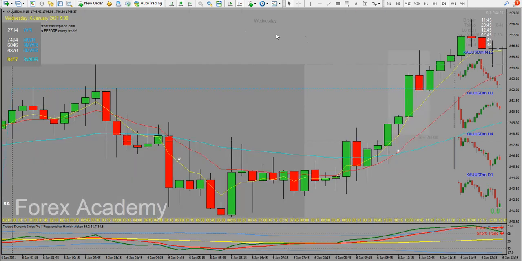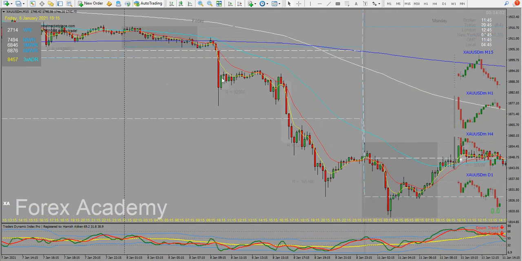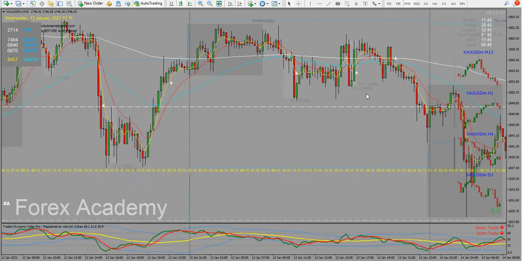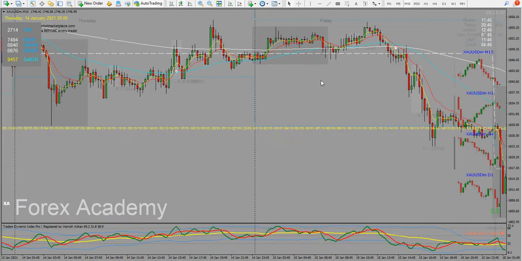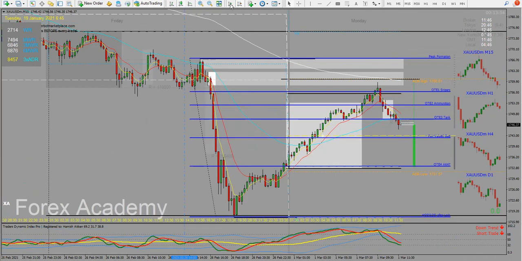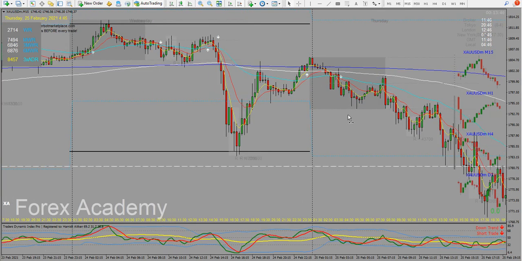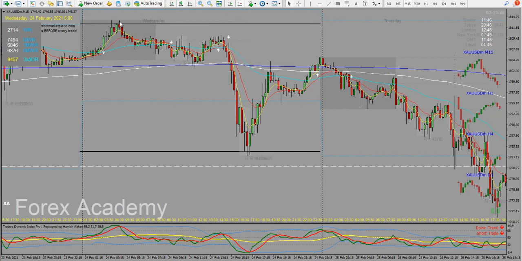Let me switch to M15 so that we could have a clear picture on Wednesday's candle. Here we are. Then you can see we had those 2 pins on Wednesday.